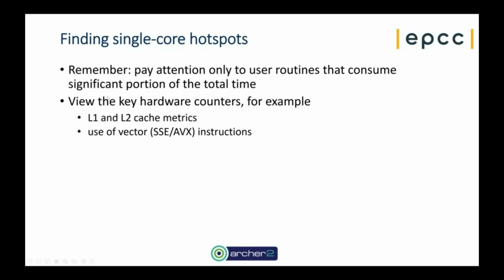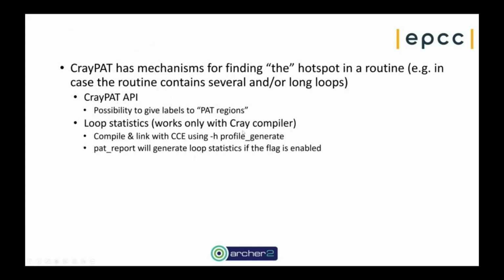But the nice thing about Cray is it will also give us access to some of the hardware counters as well. So things like L1 and L2 cache misses, use of vector instructions and those kind of things. Cray has mechanisms for finding hotspots in routines.